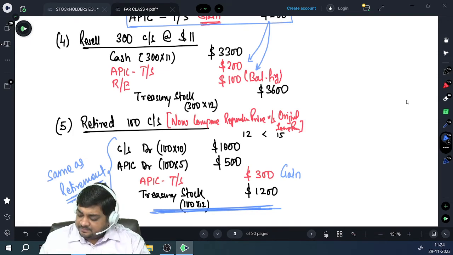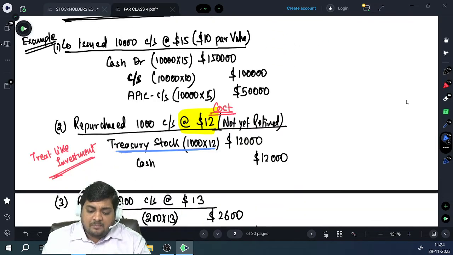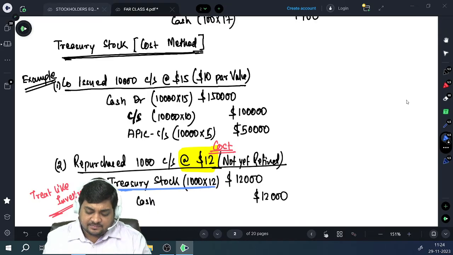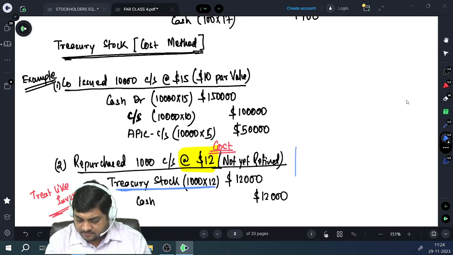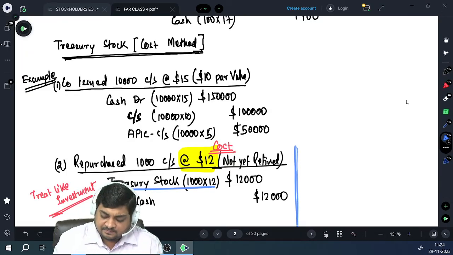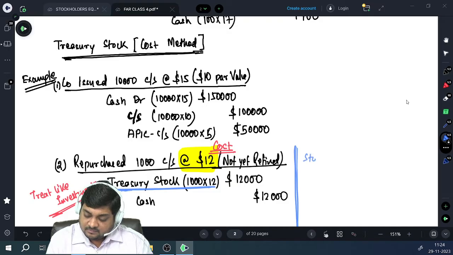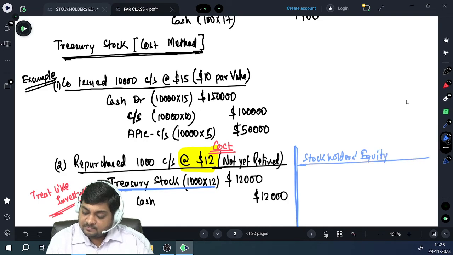Is it fine? Now, if I prepare the balance sheet just after this entry, if I make stockholders equity, then common stock will be $1 lakh.